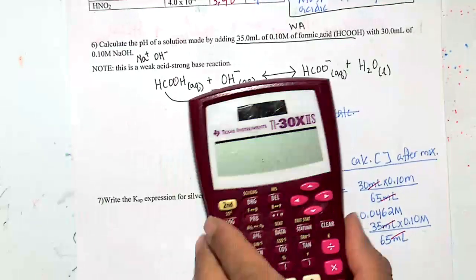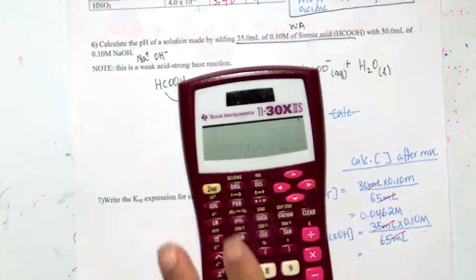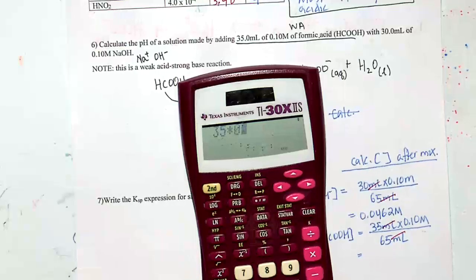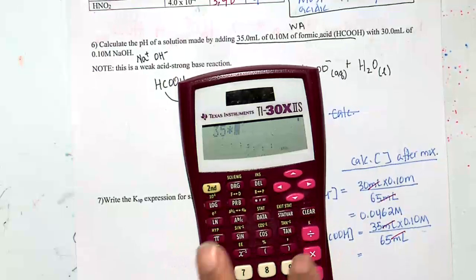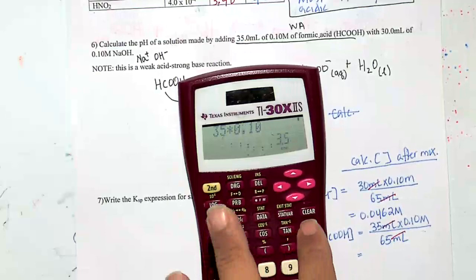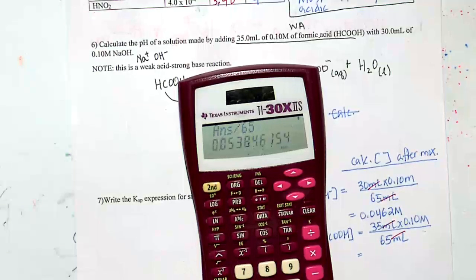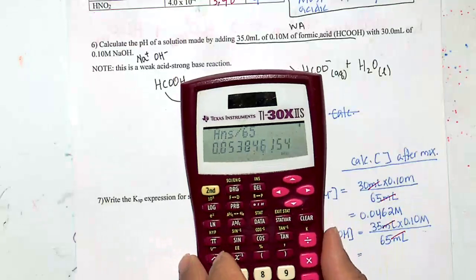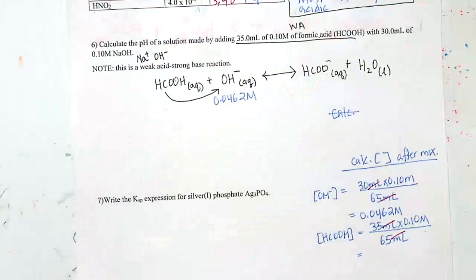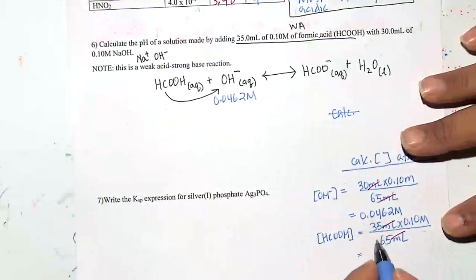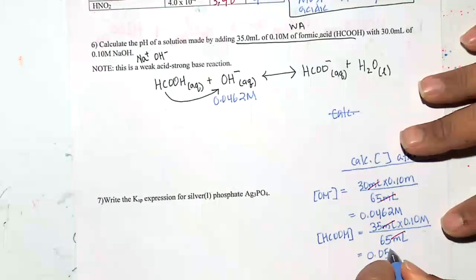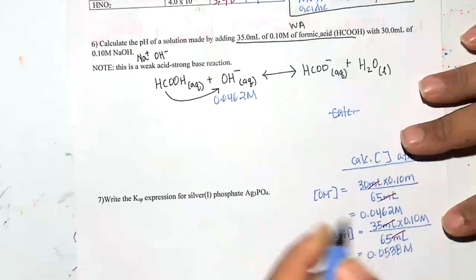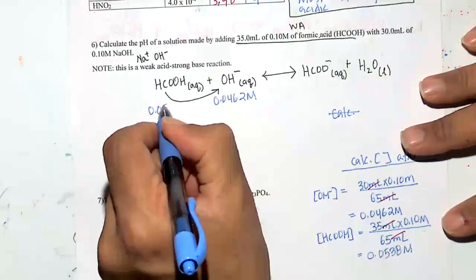All right, 35 times 0.1 divided by 65. Let me just verify this here. Meaning 0.0538 or so. 0.0538 molar.